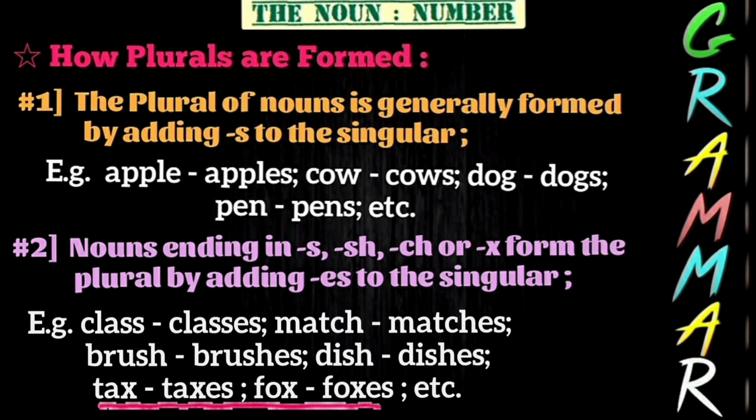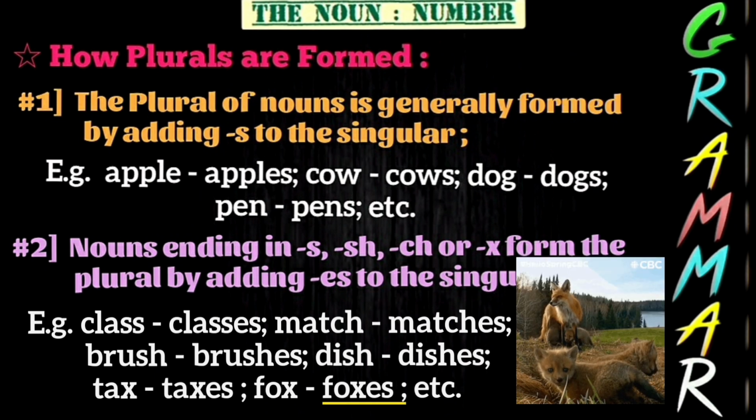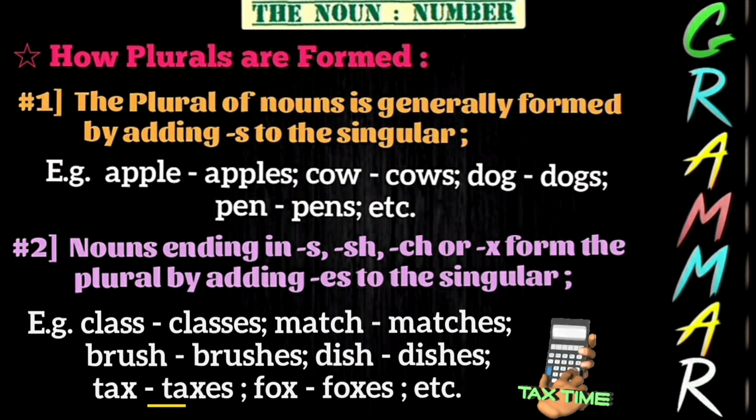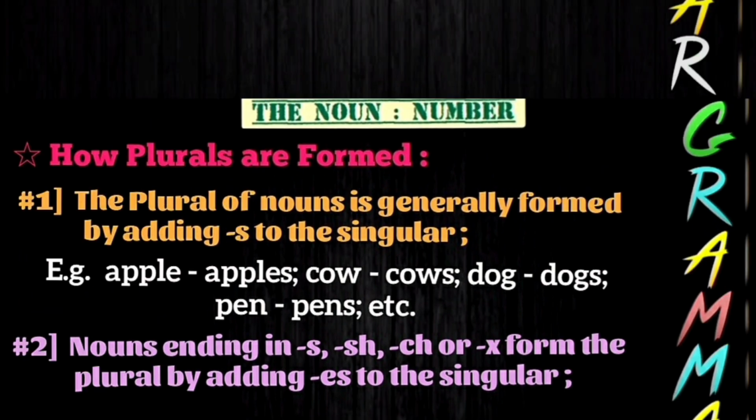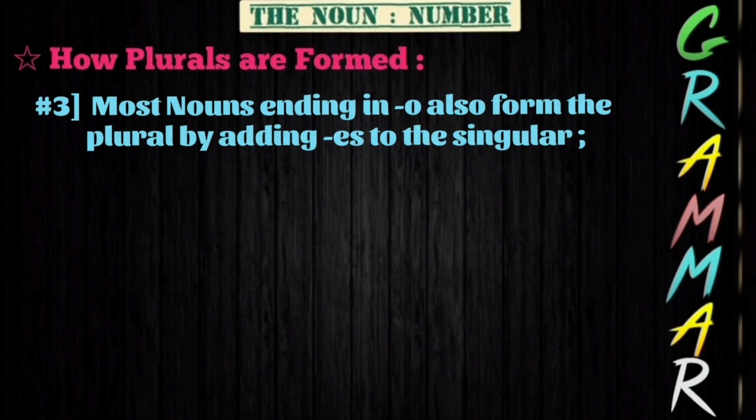And if we have words like tax or fox, these words are ending with X. So what will we add here? We will add ES to make the plural form of the words. So the answer for fox is foxes, tax, taxes. Third rule, most nouns ending in O also form the plural by adding ES to the singular.